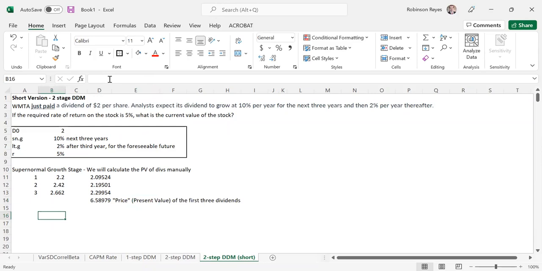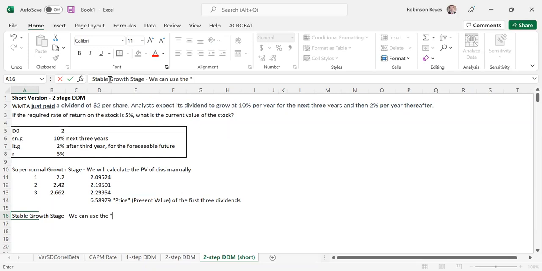Now, after dividend 4, we are at a stable growth stage. We can use the shortcut dividend discount model. So once again, let's remember the dividend discount model.